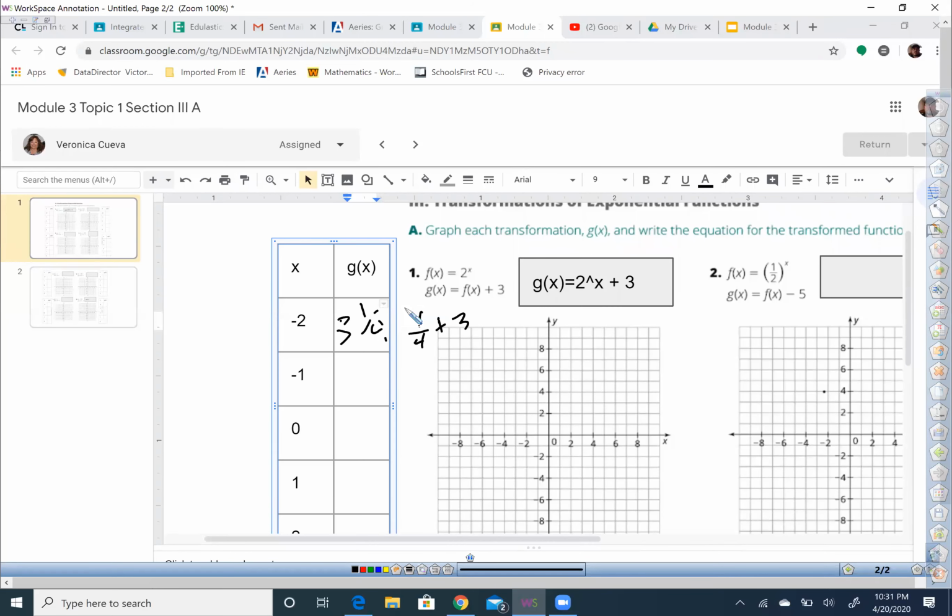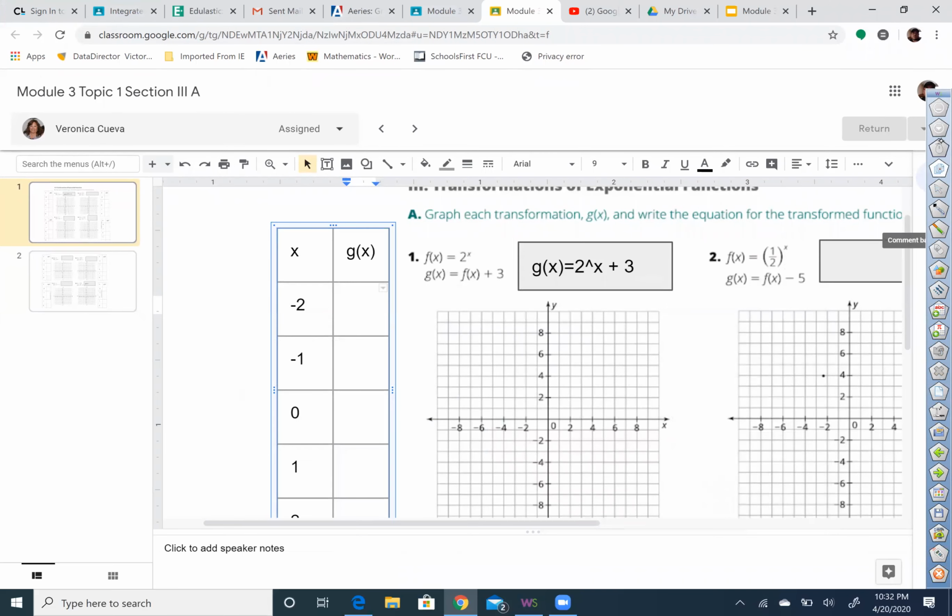Actually, let me go ahead and just type it in. By now, you should be pretty good about doing the work. So we said 2 to the negative 2 is 1/4, and 1/4 plus 3 would be 3 and 1/4.